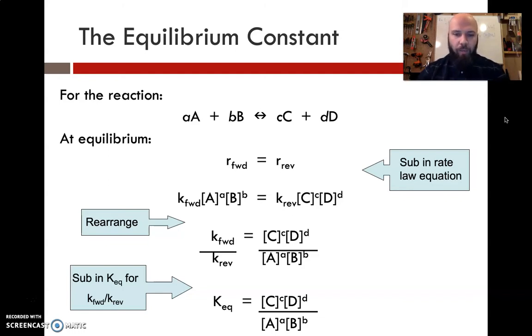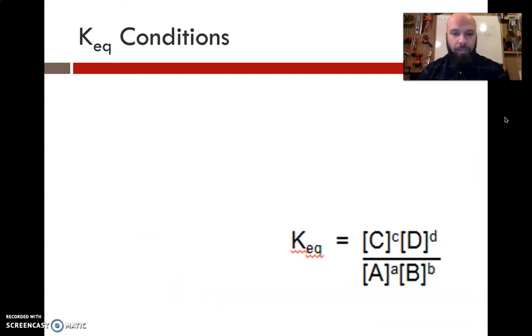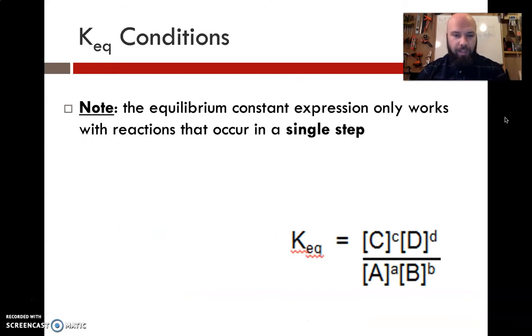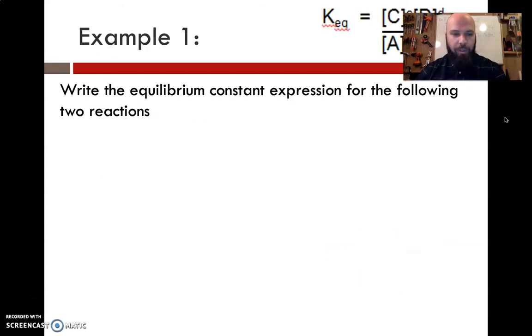Note that this is for rate determining steps or one-step reactions, since we are directly taking those coefficients to be the exponents. Some conditions here. It is a single-step reaction, as I just mentioned. The temperature will affect the rate of a reaction, thus the equilibrium constant is always defined at a constant temperature.